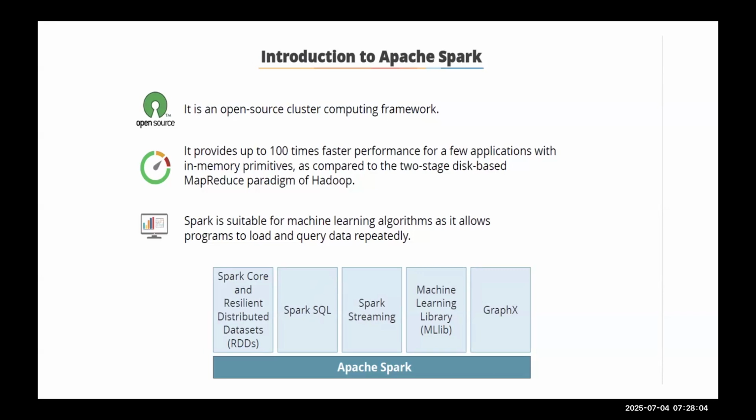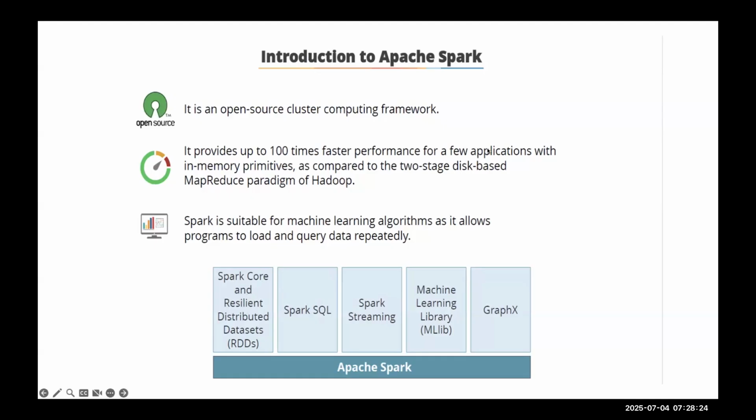That's why we call it fault tolerant. If any fault happens, Spark automatically takes care of it. You don't have to look at it. We'll see more about it, and also in-memory fault tolerance.